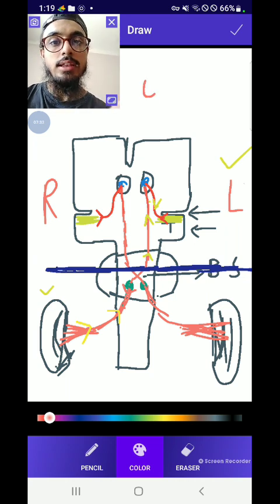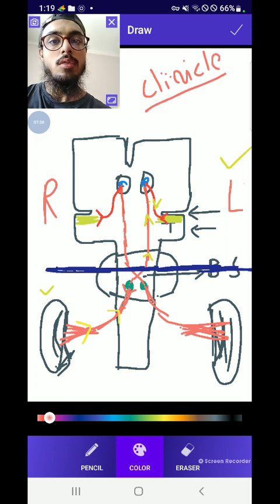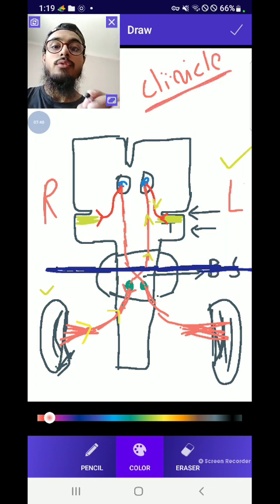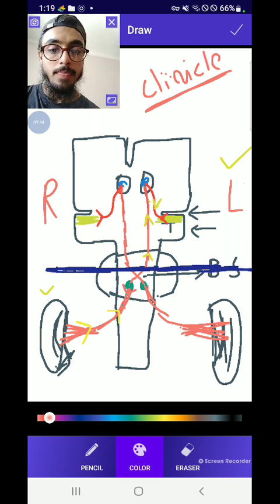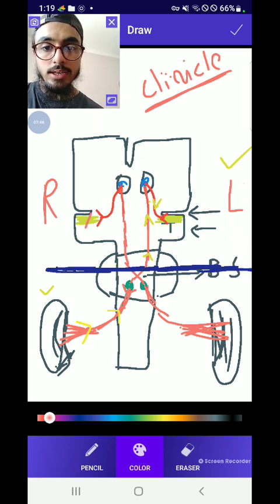Okay, clinical. So what is the importance? Any damage to this area. I have to draw this area in blue.